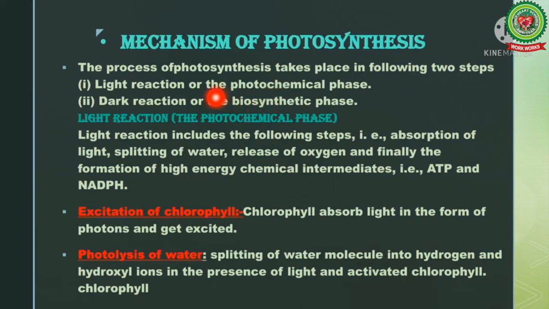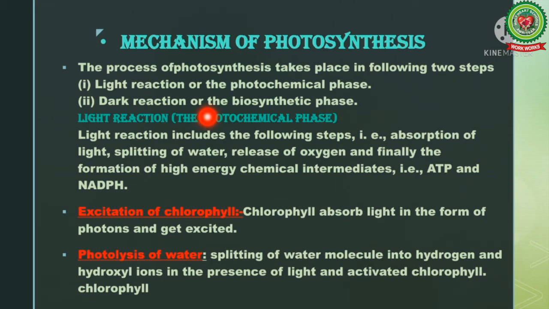It involves two steps: light reaction or the photochemical phase, and the second is dark reaction or the biosynthetic phase. Light reaction. This process occurs in the thylakoids of chloroplast in the presence of sunlight, hence its name light reaction. It is mainly concerned with the formation of NADPH, a reducing power, and adenosine triphosphate.